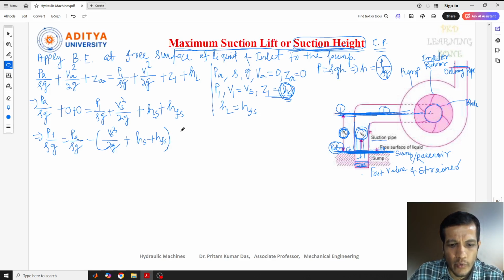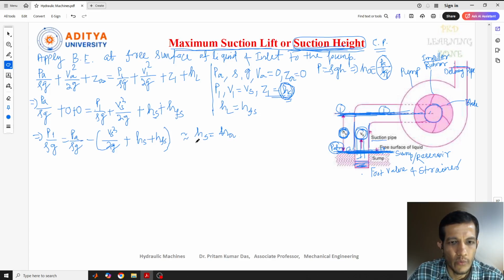Okay, and in some books it will be given like we can write HS on one side, and on the other side we write HA, the total with the minus taken to the other side. HA is nothing but PA by rho g.